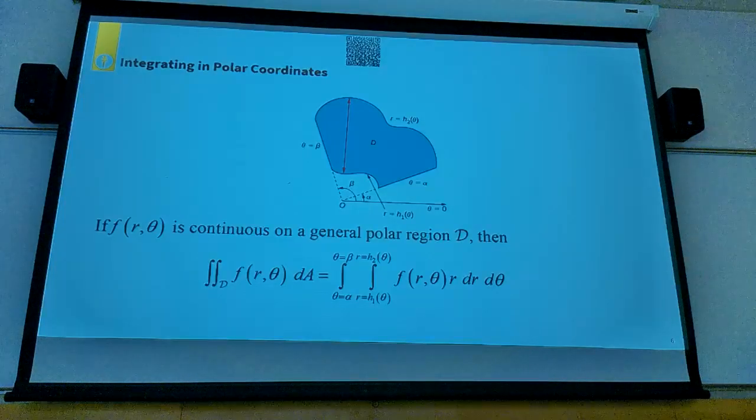Right, so in rectangular, dA is dy dx, or dx dy. In polar, dA is r dr d theta, or r d theta dr. Again, that order doesn't matter. I guess you could consider this to be Fubini's theorem in polar coordinates.